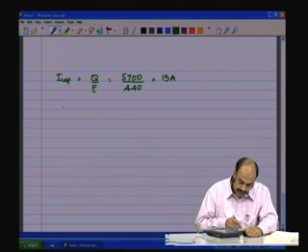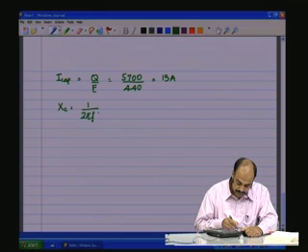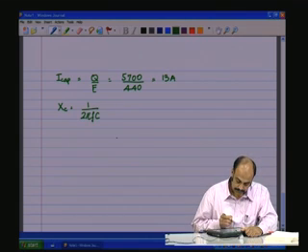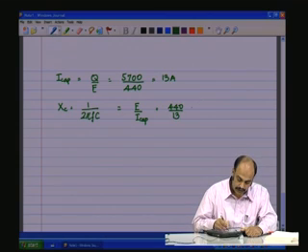So the capacitive reactance XC is given by 1 by 2 pi F into C, and that is equal to E by I cap, which is equal to 440 by 13, and that is equal to 34 ohms.